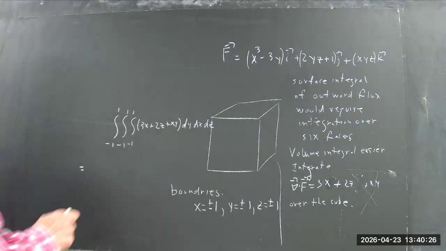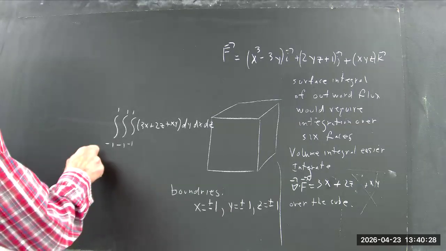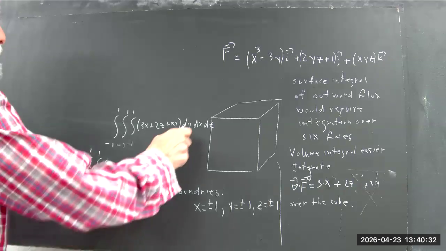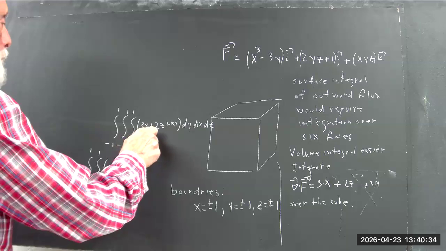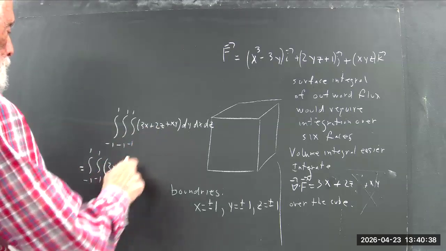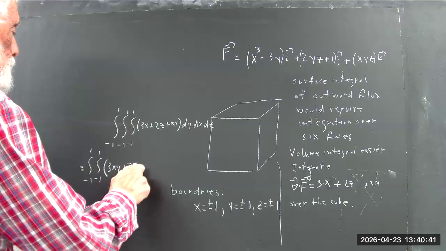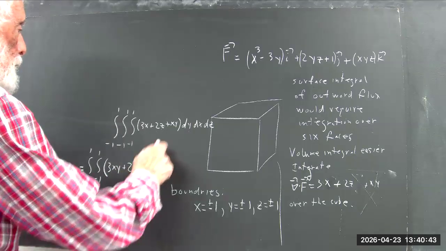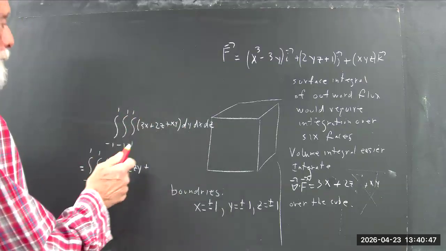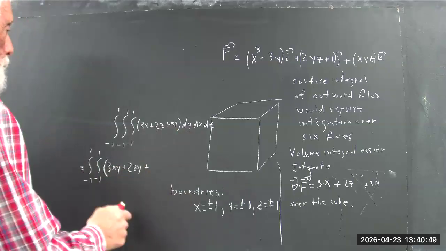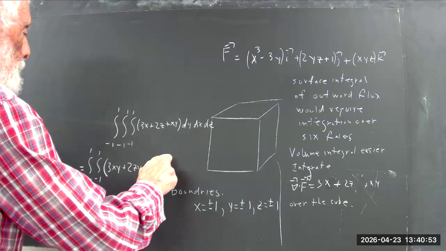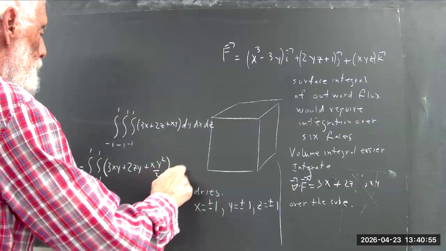So that'll be the integral from -1 to 1 of the integral from -1 to 1 of, integrate with respect to y: 3x with respect to y is 3xy. Integrate 2z with respect to y, you get 2zy. Integrate xy with respect to y, you get xy squared over 2.